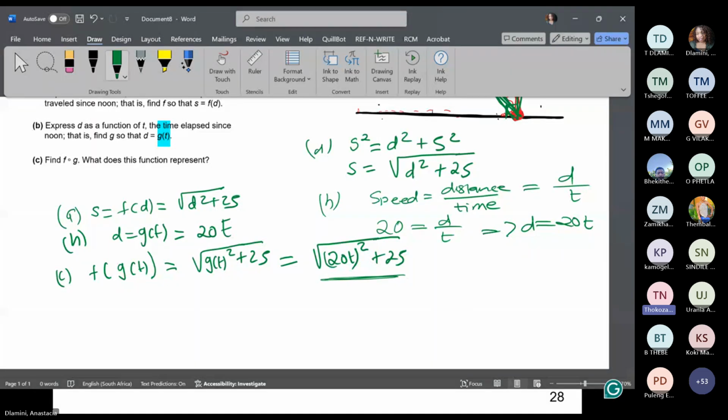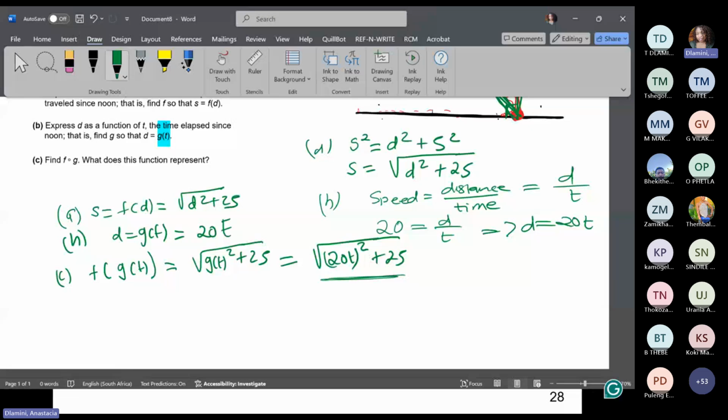I think this function represents the given distance of the ship from the lighthouse. Complete your sentence. It does give the distance, right? Yes, ma'am. Of the ship from the lighthouse when what happens? Now I'm lost, ma'am. When it travels 20 kilometers parallel to the shore.